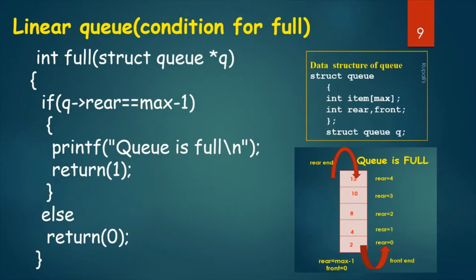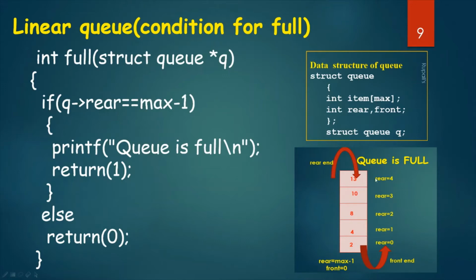Now, function full. If your queue is full, then it returns 1. If your queue is not full, it returns 0. So it returns either 1 or 0, the return type is integer, and the function name is full. Again, we are passing the address of the queue, so struct queue star queue. Now see, what is the condition for full? If this queue holds the maximum number of elements, here the value of max is 5.